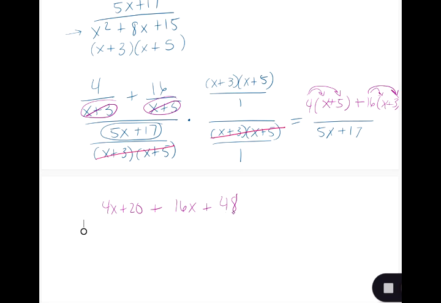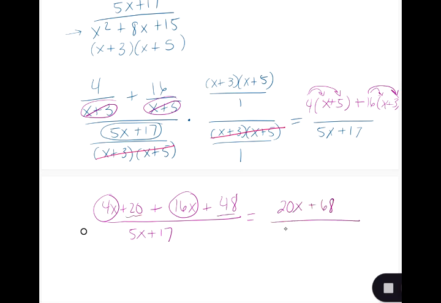Combine like terms on the numerator, because the bottom has not changed. The denominator is still just 5x plus 17. Nothing can happen down there. There's not even anything that can factor. Combine like terms, so I have a 4x and a 16x, which gives me 20x. And then I have 20 and 48, which is a plus 68 over 5x plus 17.